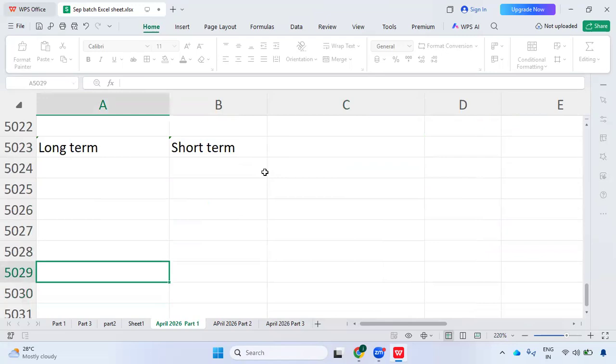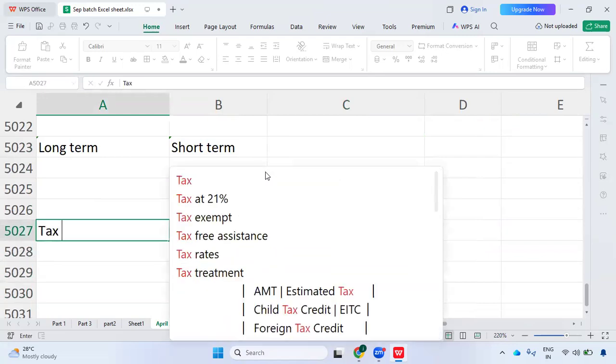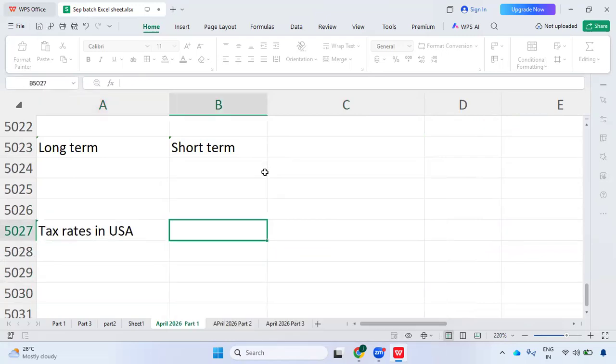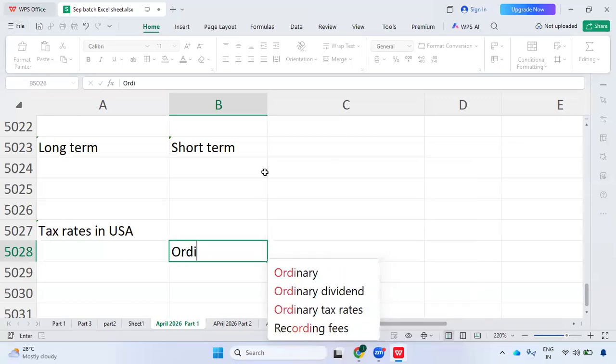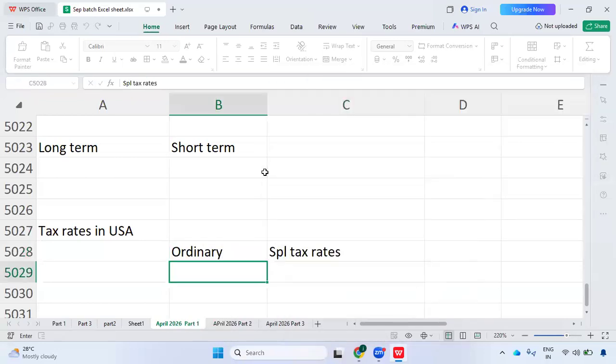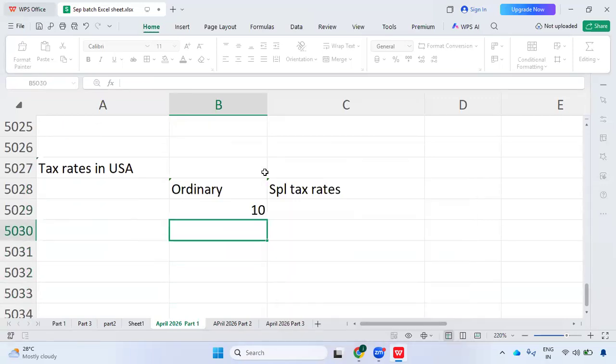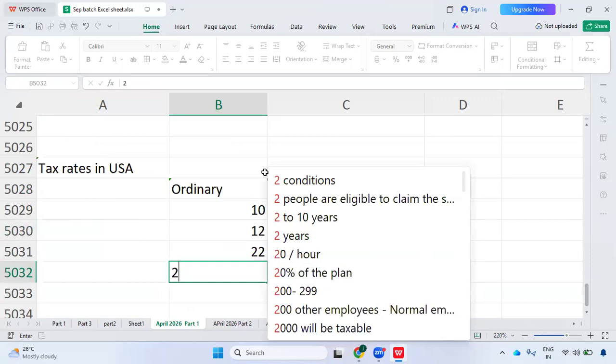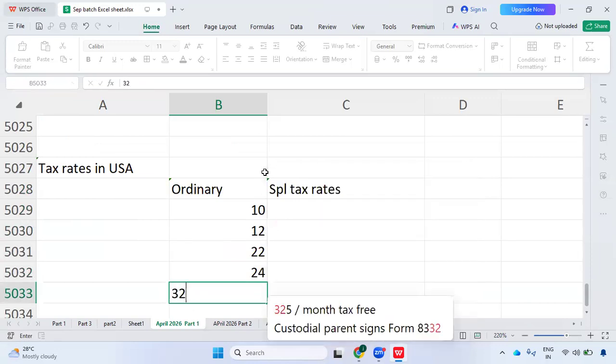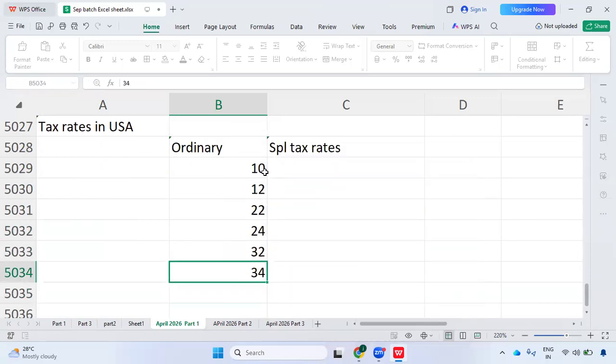Before that, let's understand tax rates in the USA. There are two types of taxes: ordinary and special tax rates. Ordinary tax rates in the USA are 10, 12, 22, 24, 32, 35, and 37.